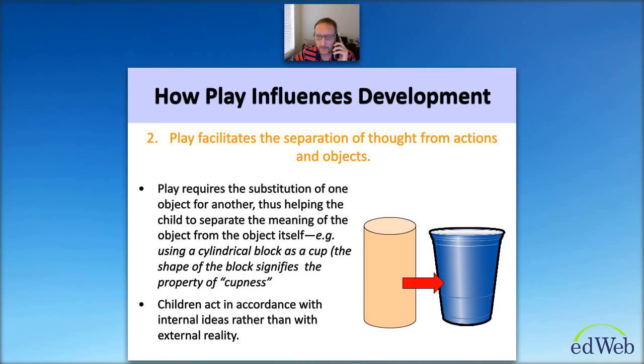That cup becomes, in a certain way, a symbol of cupness, that it holds something, but it's not really a cup. And so children begin to think symbolically, which prepares them for thinking about things like how symbols represent letter sounds, okay?